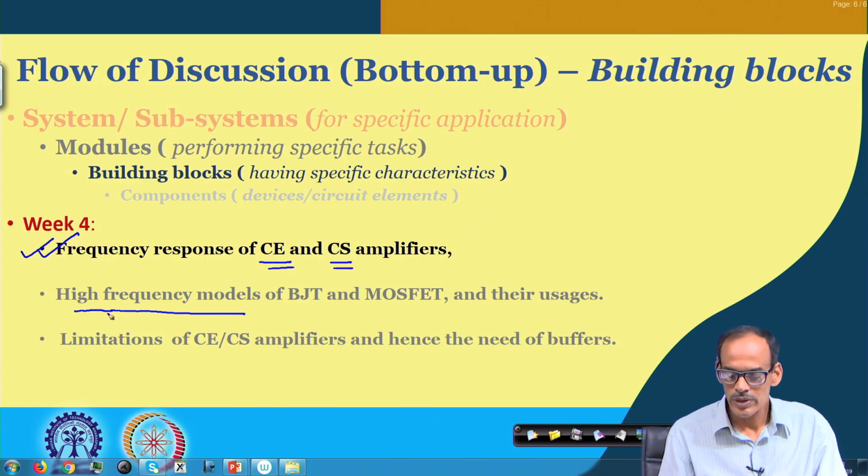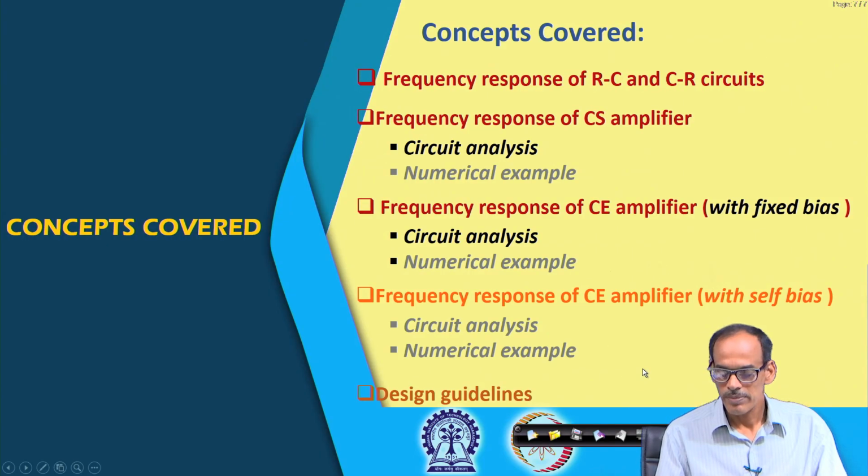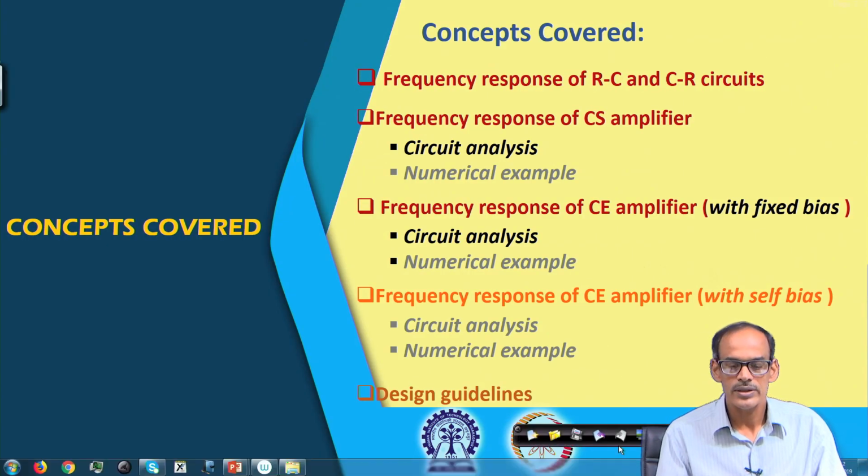Now, what do we have in this plan in this module? Today and the next class are the following. We are planning to cover frequency response of common source and common emitter amplifier.